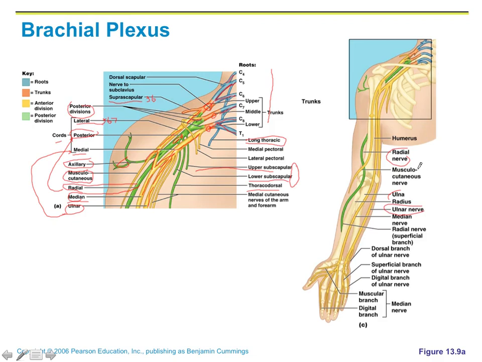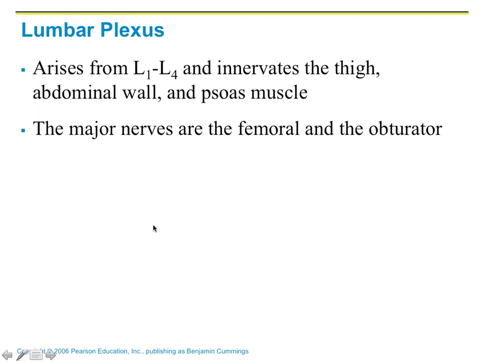Here we have the musculocutaneous nerve. These nerves detect the sensation of our forearms. So this is how you memorize the brachial plexus.